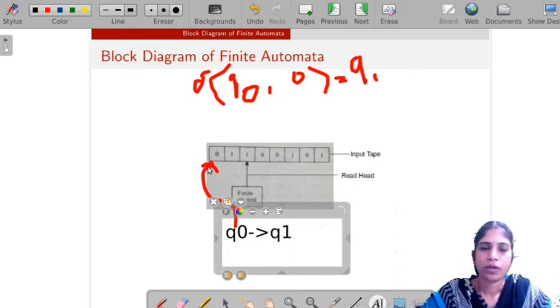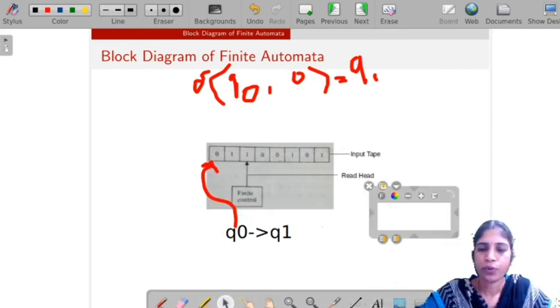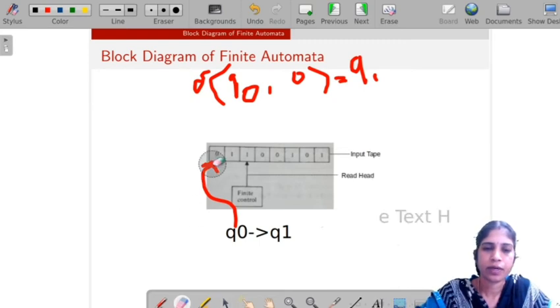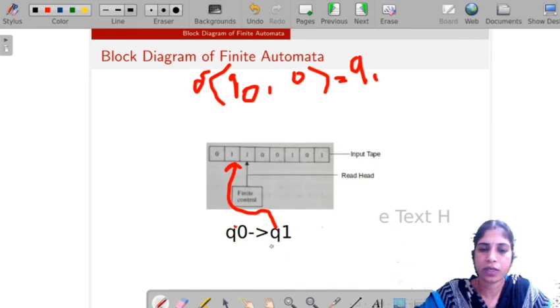At the same time the read head also moves one cell to the right. That means it points to here, and the finite control is now in the state Q1.